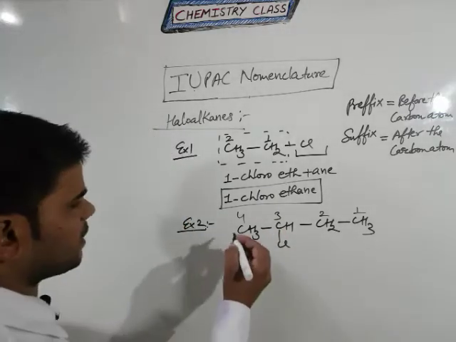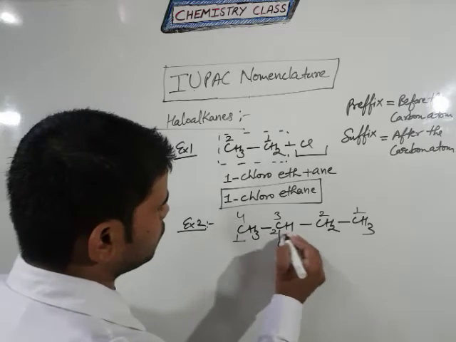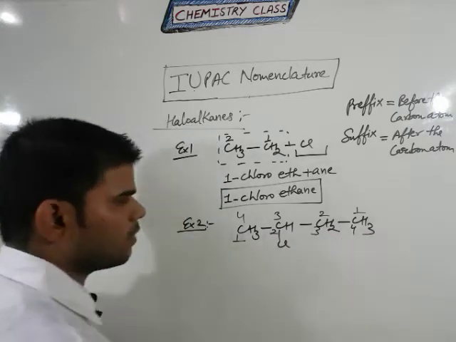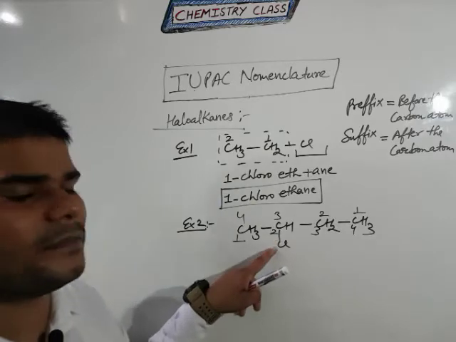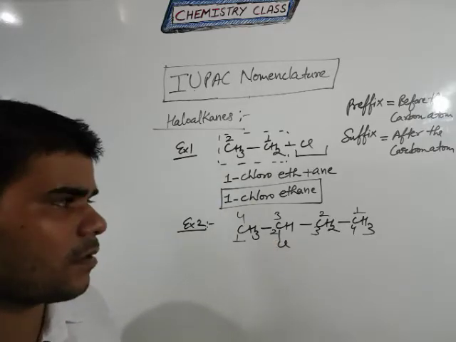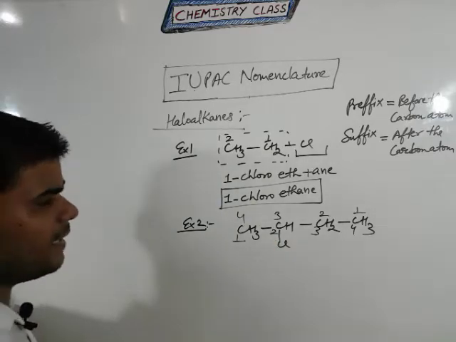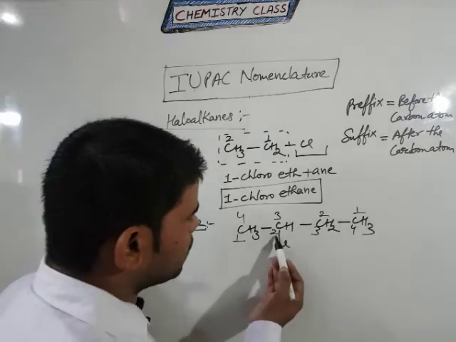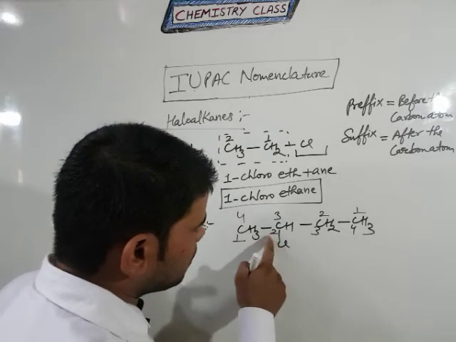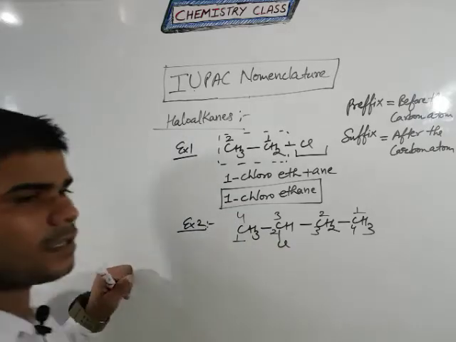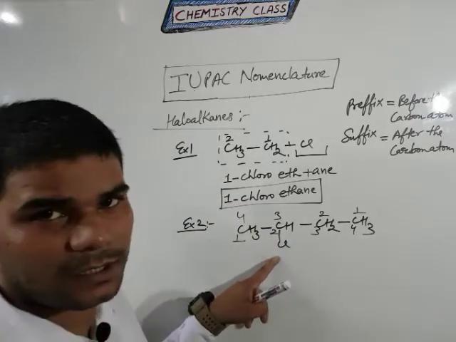If you count from the other side, 1, 2, 3 and 4, then the second carbon atom has the Cl. So which one is the easier counting? The second carbon atom has the halogen atom.